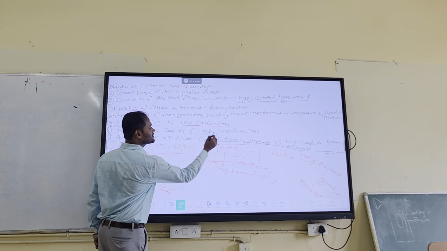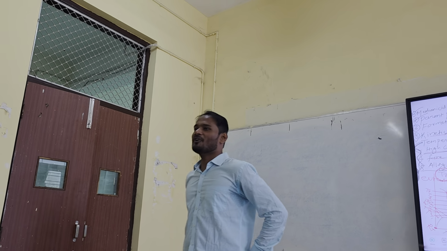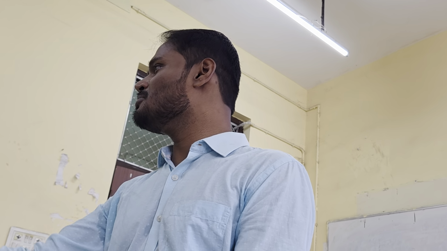Similarly, next one, fine and coarse. Now can you tell me? You know that. Between fine pearlitic steel and coarse pearlitic steel, which has higher kinetics? Fine. Because the distance is very less, so the diffusion distance will also be very less. See, the more the diffusion distance, the more time it will take, so kinetics will be slow.